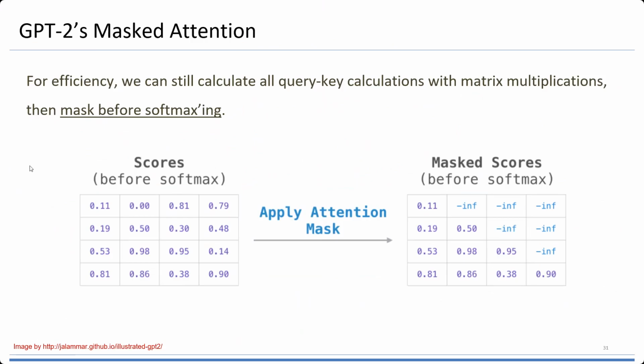After we have these scores before the softmax, for efficiency, we can still do all the query calculations with matrix multiplication.